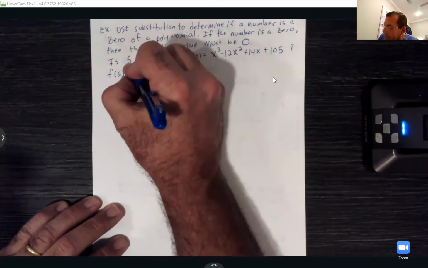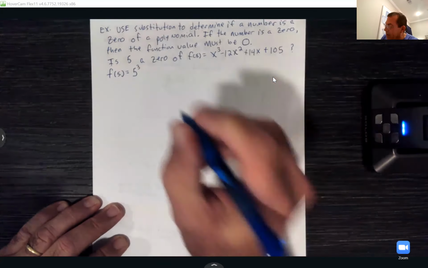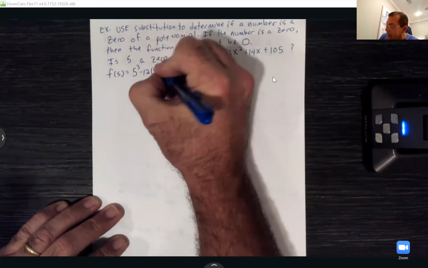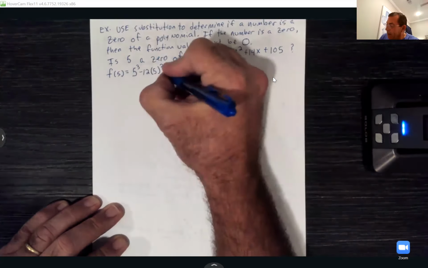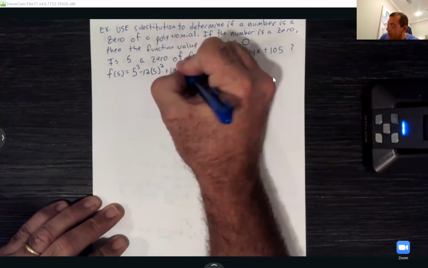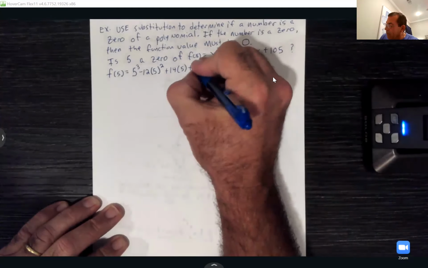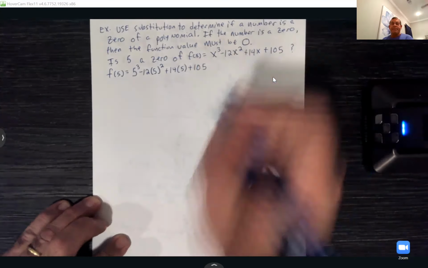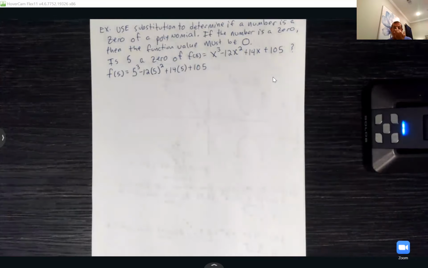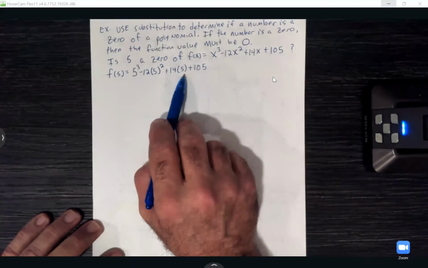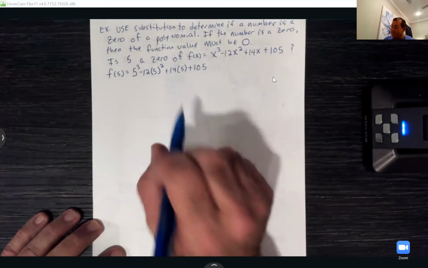So I'm going to get 5 to the third minus 12 times 5 squared plus 14 times 5 plus 105. All right, so the question is, does this equal 0 or not?